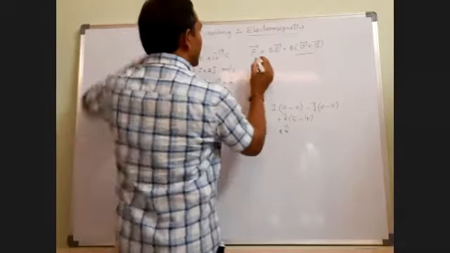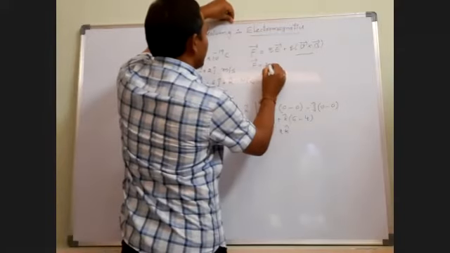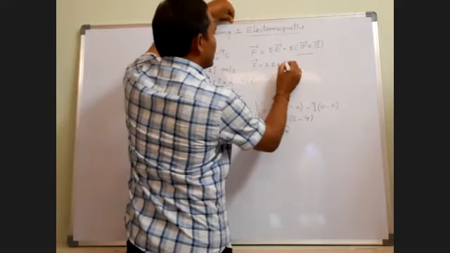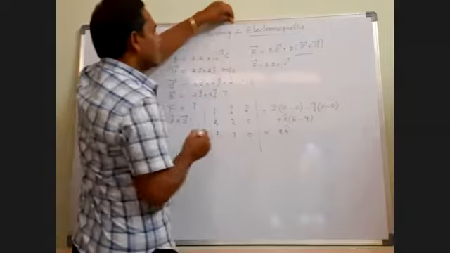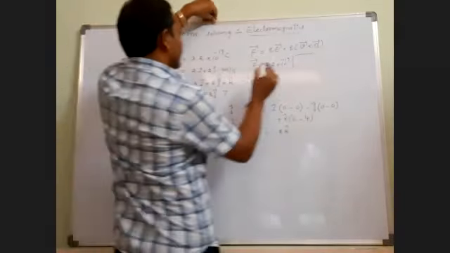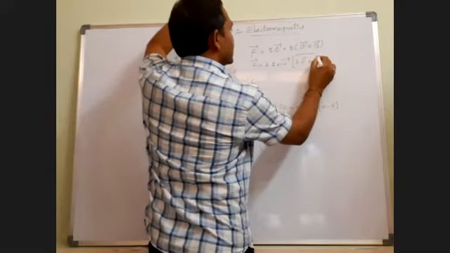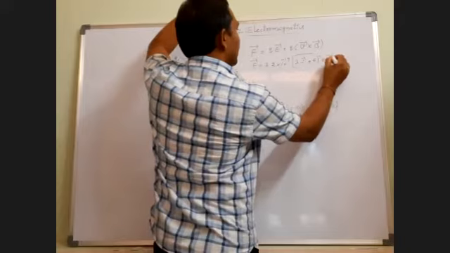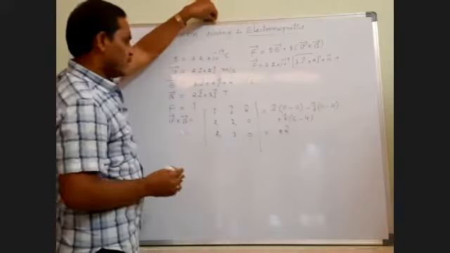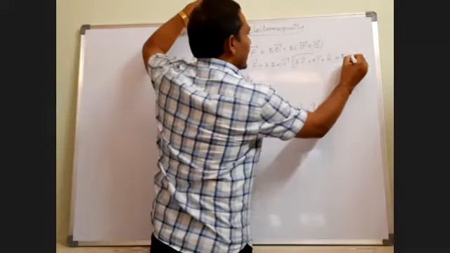Now let us substitute all these values in the equation. F bar equals Q, which is 3.2 into 10 power minus 19, taking Q common, times E bar, the electric field strength, 3I cap plus 6J cap plus K cap, plus V bar cross B bar, which we got as 2K cap.